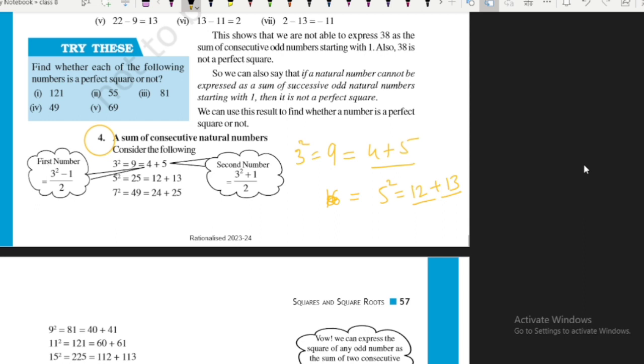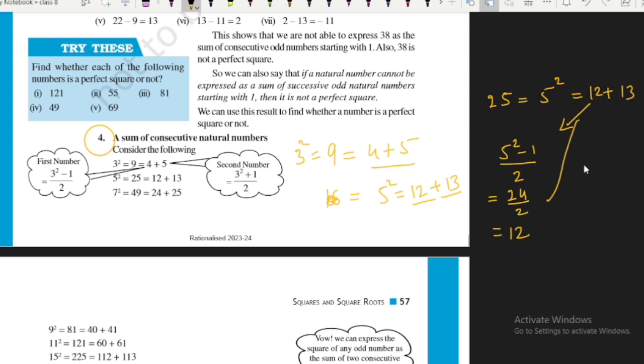So how did we get this? For example, for 25, we can express this as 12 plus 13. How did we get this 12? That is, 5 square minus 1, divided by 2. So it will give you 24 divided by 2, that is 12.